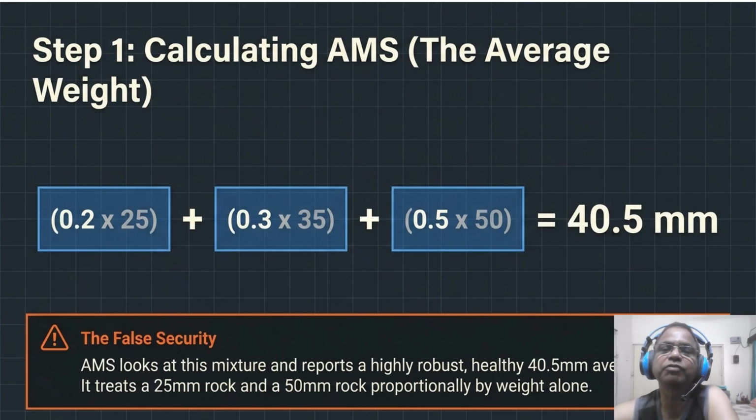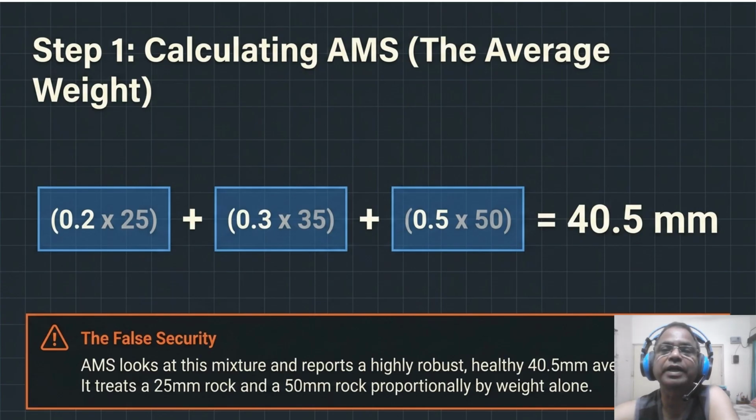On paper, 40.5 millimeters looks like a great day at the stack, but this number doesn't account for the fact that the 20% of small material is going to migrate and fill the voids created by the 50% of large material. So it's a weight-based lie that ignores the physical reality of how particles pack together inside the high pressure environment of the stack.